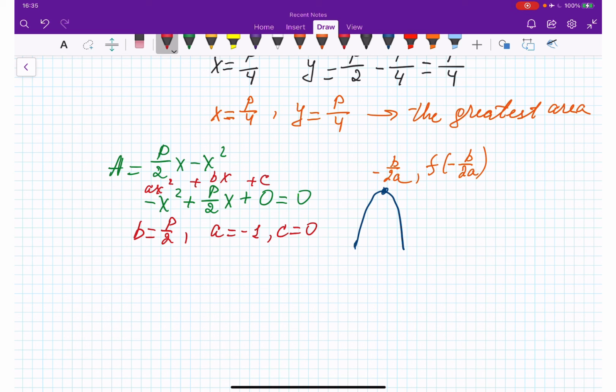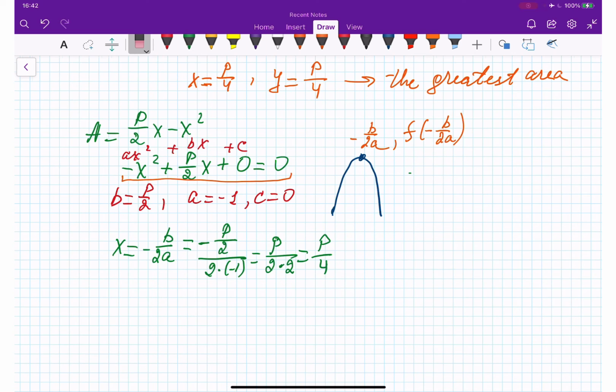Okay, so x for the maximum vertex is negative b over 2a, where b is P over 2, and we are dividing by 2 times a, 2 times negative 1. And this is going to be equal to, negative becomes positive, P over 2 dividing by 2, we get P over 4. Precisely what we had there.